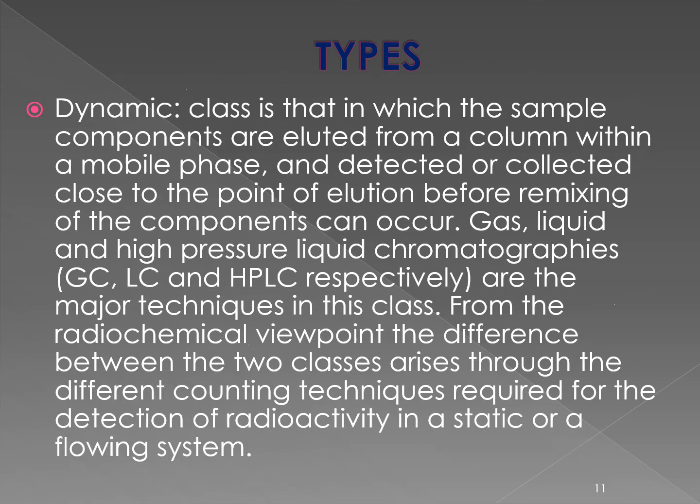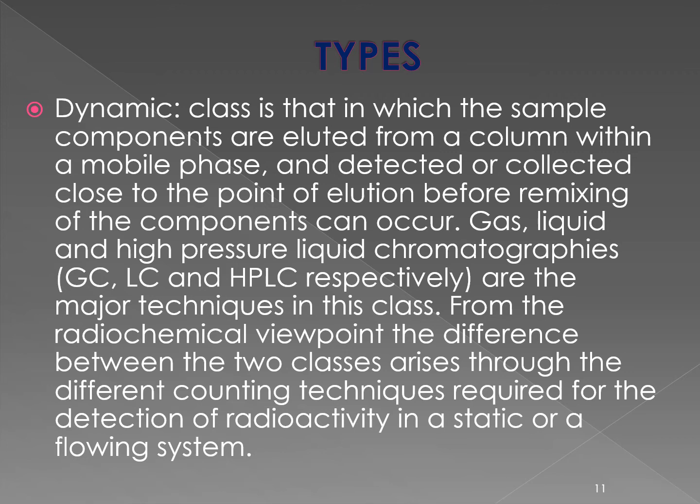Now is the dynamic type of chromatography. In this class, the sample components are eluted from a column within a mobile phase and detected or collected close to the point of elution before remixing of the components can occur.